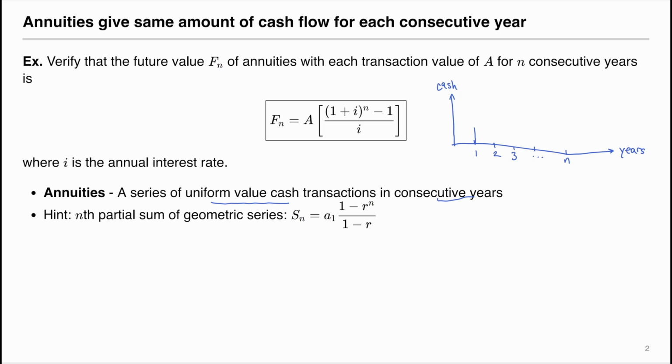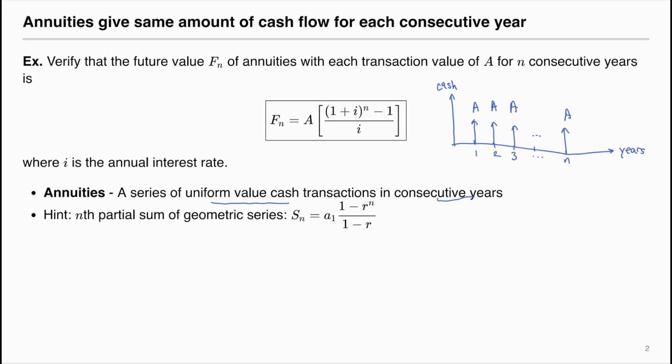The values have to be the same. Suppose the values are all A for n years. This is called an annuity.